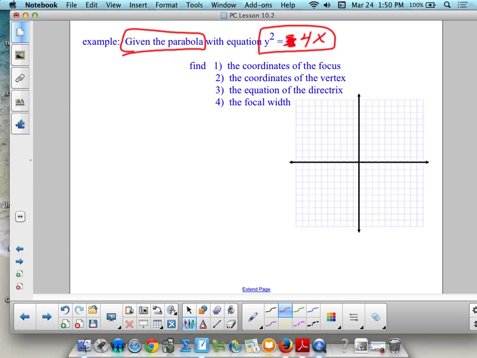Do you know anything right now about your parabola? Up, down, right, left? Olivia says right. Why'd you say right? Because it's y squared. Y squared is right or left?